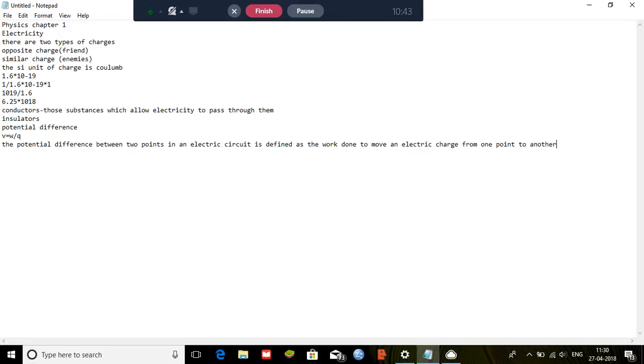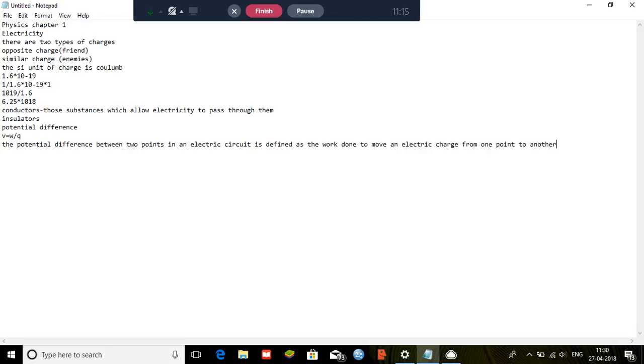I told you the SI unit of charge is coulomb. So to move that charge from one point to another, some amount of work is done, and the work done divided by the charge moved is known as the potential difference.